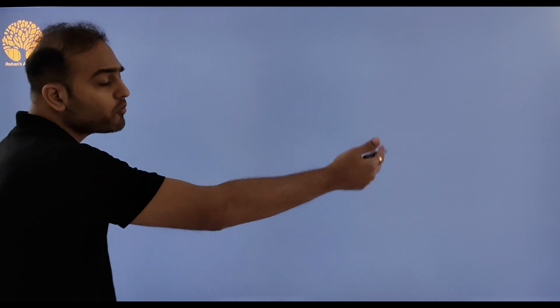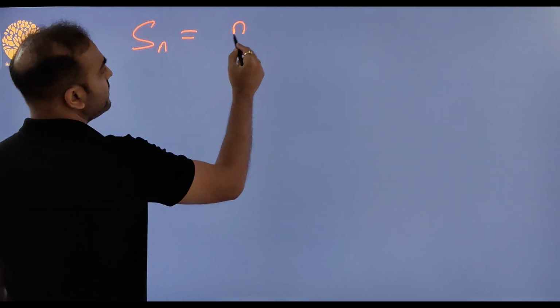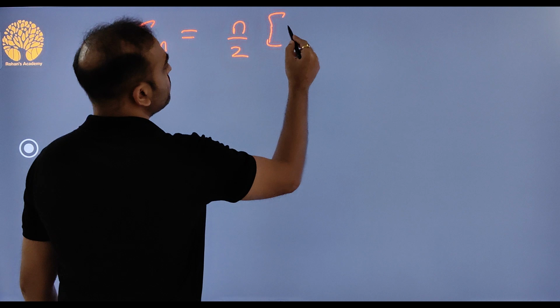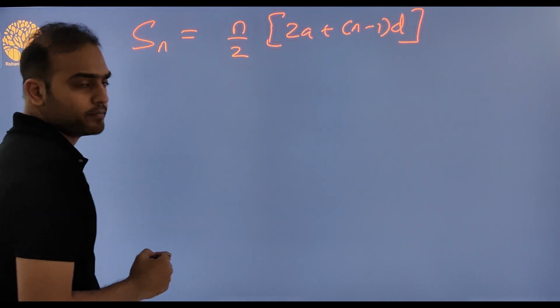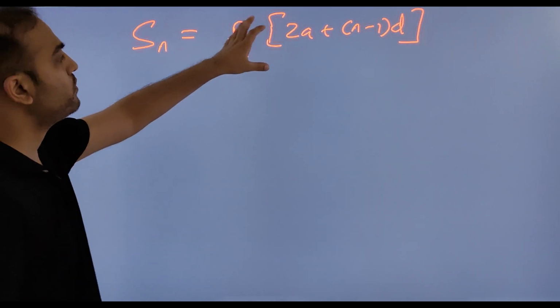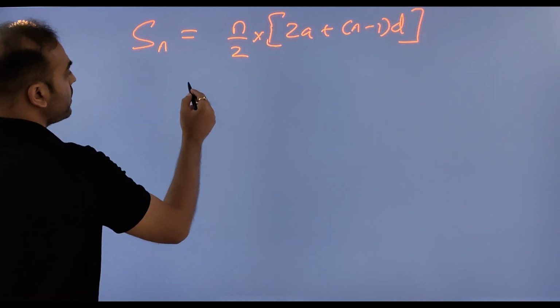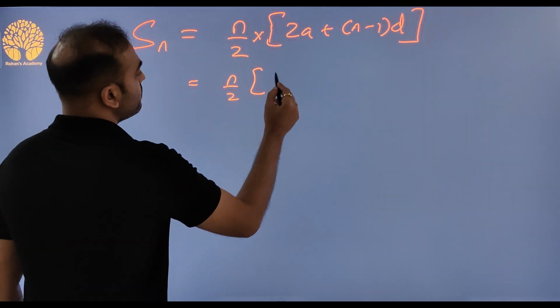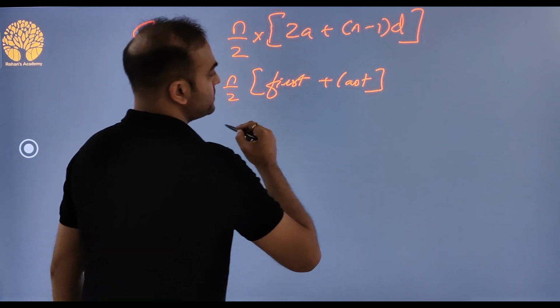What if I want the sum of all of these terms? I don't want to know individual values, I want to know the sum of all of these. So we simply use the formula: sum of n terms is n by 2 into (2a plus (n minus 1) into d), or n by 2 times first term plus last term.